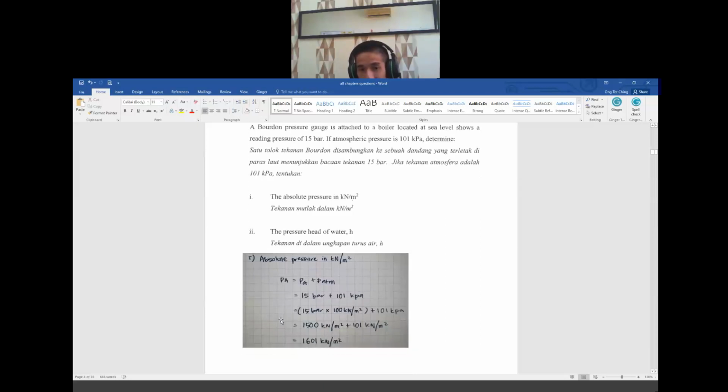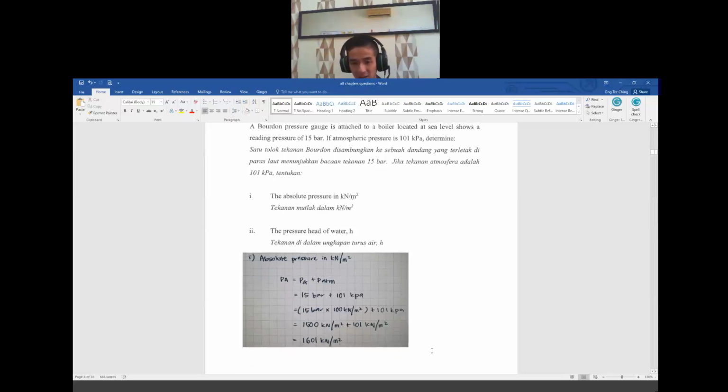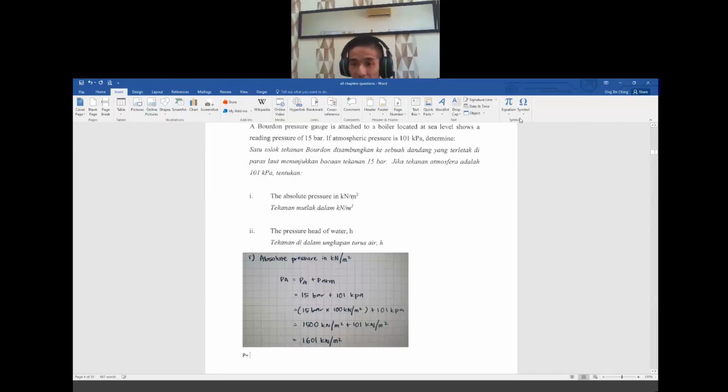So which pressure are you going to select to become the P value? So you have P equals to rho GH.